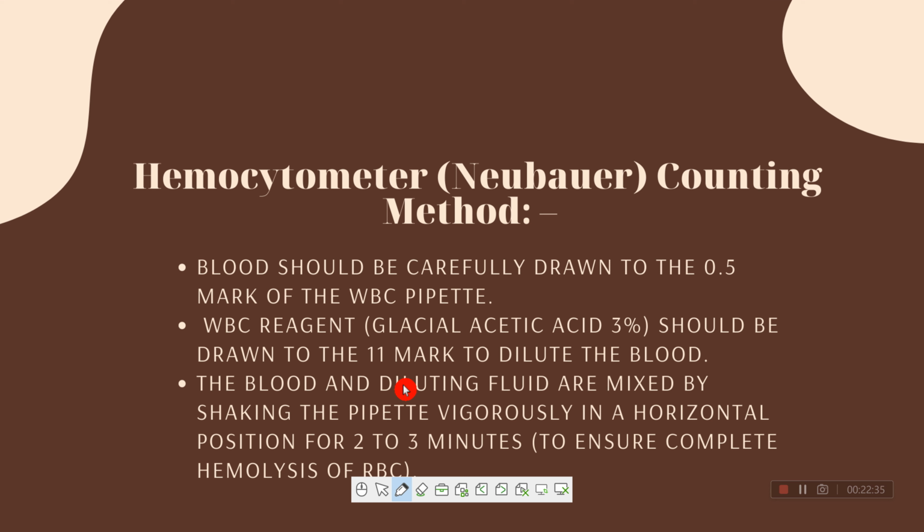The WBC diluting fluid does not cause any damage to the WBCs, but it damages the RBCs. It ruptures the RBCs completely. The glacial acetic acid present in Turk's fluid ruptures the RBCs present in the blood sample and does not cause any damage to the WBCs.